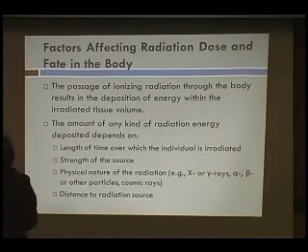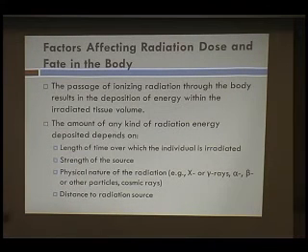Okay, so what happens in the body once you get a radiation dose? So ionizing radiation through the body results in deposition within some kind of tissue. So it depends on where the radiation is. Is it the foot? Is it the leg? Is it the arm? But for any kind of radiation energy, how much is deposited depends on the length of time that they're radiated. Obviously, when you get your hand X-rayed, they X-ray it for however many seconds, and then that's it.